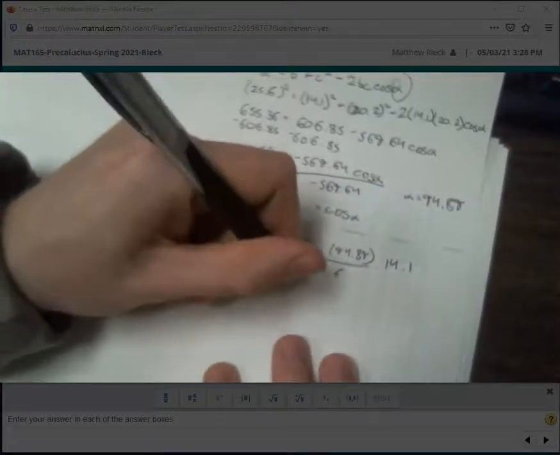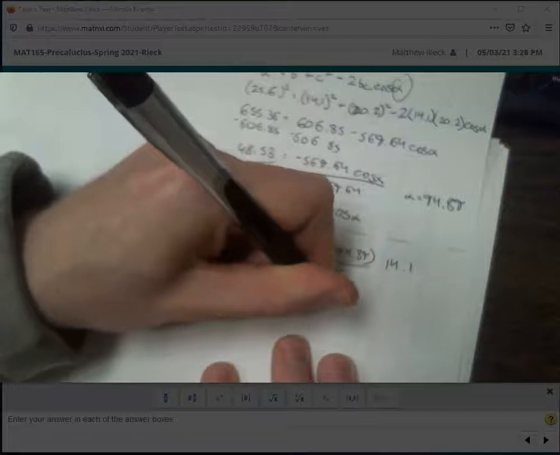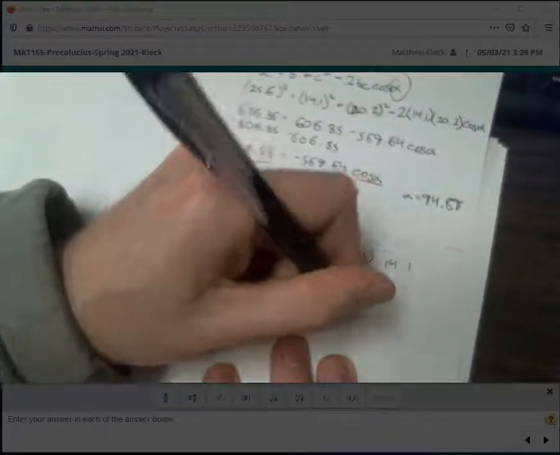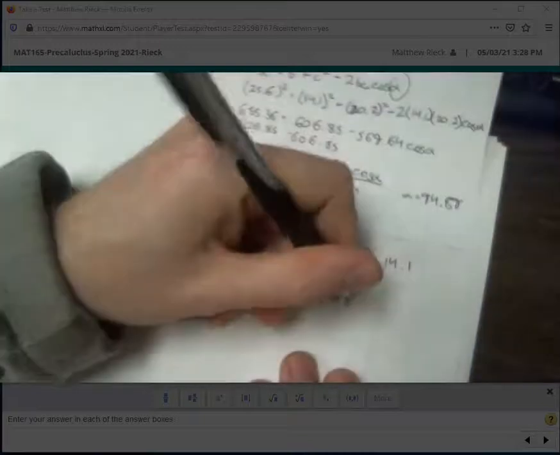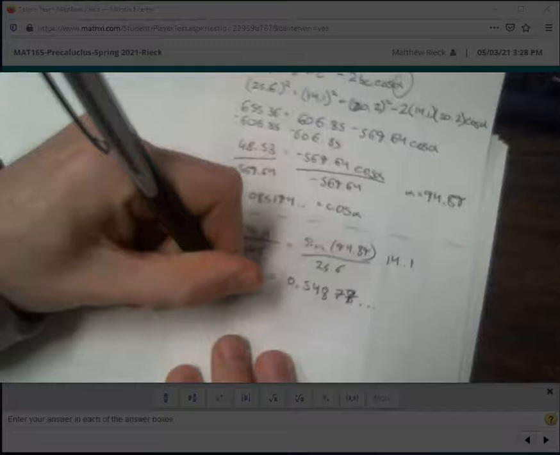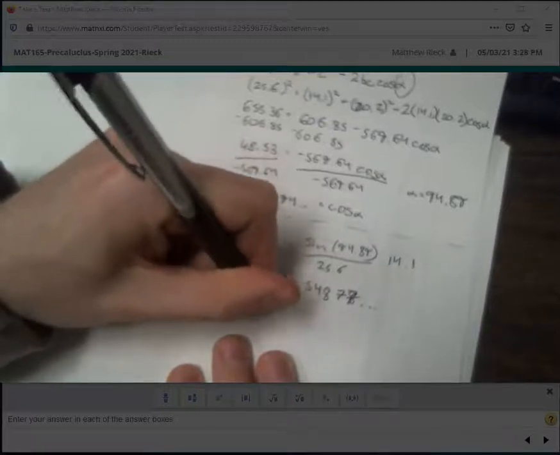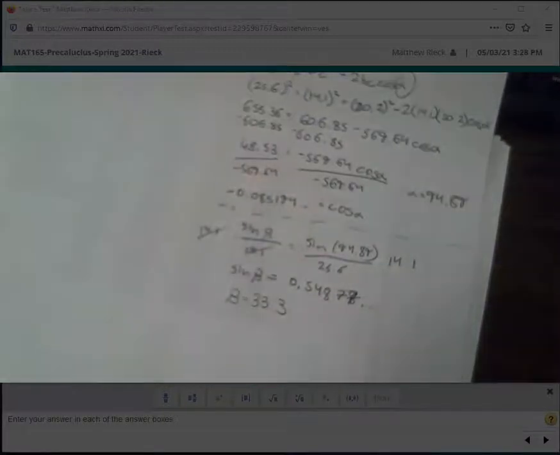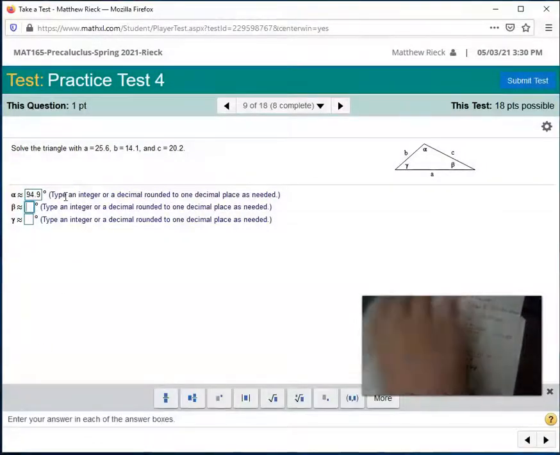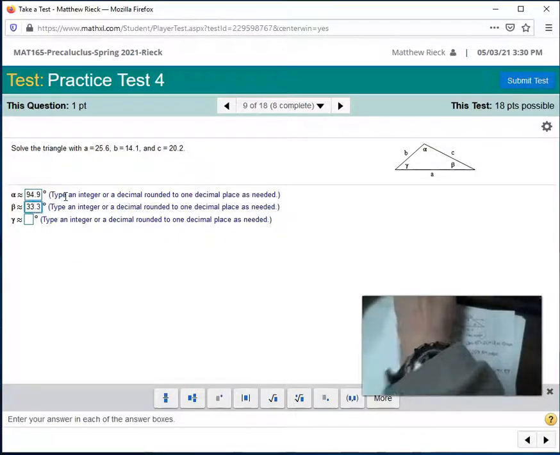And with sine of beta equal to about 0.54878. All right, so now I can take the sine inverse of this answer to get my angle beta, which I get 33.28, which is going to be 33.3, rounded to one decimal place.